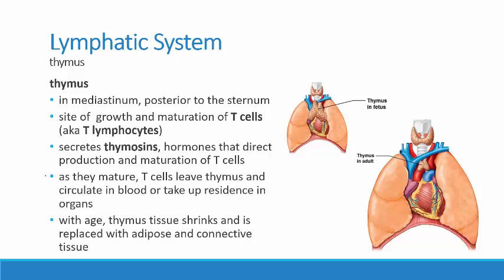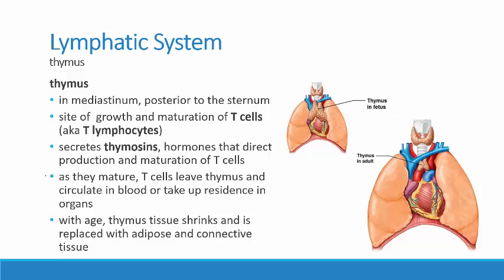Other organs of the lymphatic system include the thymus. It's found in the mediastinum, just posterior to the sternum. And this is the location where T cells, T lymphocytes, are matured. So as these T lymphocytes are being made in the red bone marrow, they will migrate eventually to the thymus, and the thymus will secrete hormone-like materials, chemicals called thymosins, that will then direct the development and the maturation of these T cells.